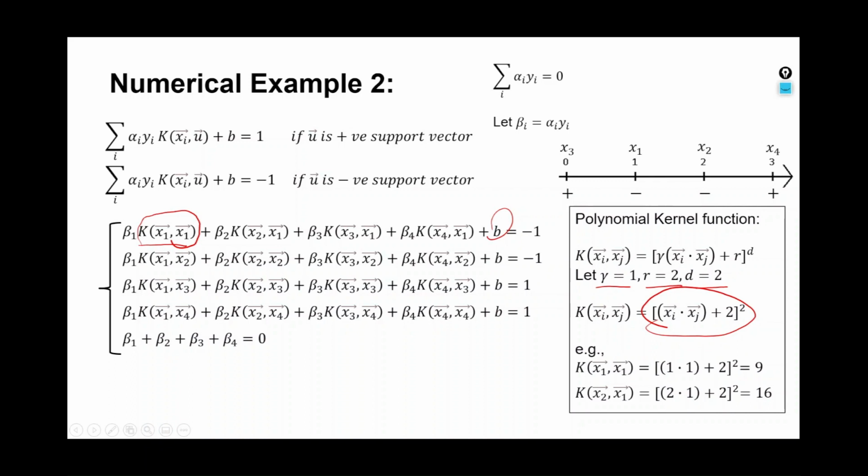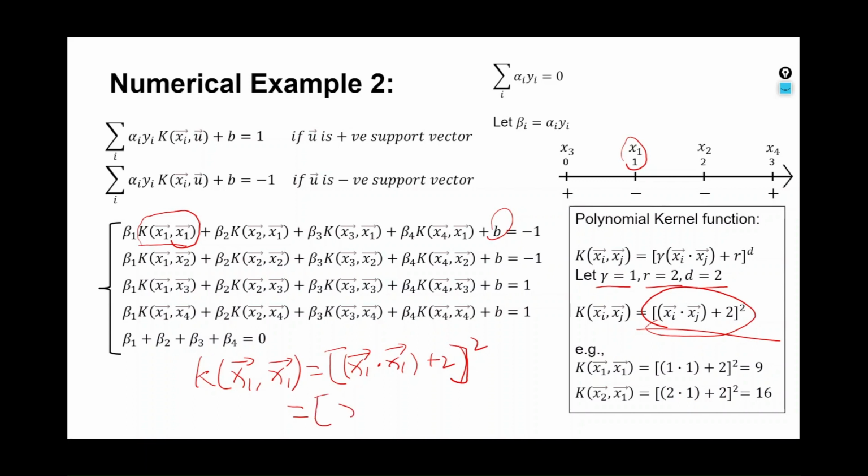What is x1? x1 is 1. So k(x1, x1) follows this function: x1 dot x1 plus 2 squared. Since this is a one-dimensional space, the vector is just a scalar, so we can get rid of the arrow on top of each x.